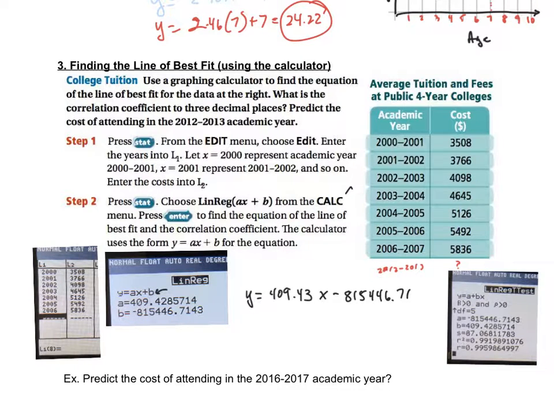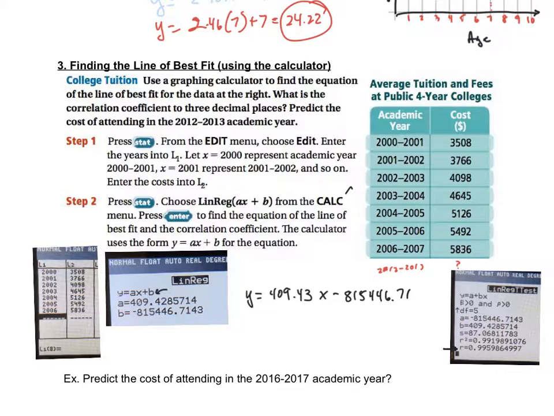And what we see here when we look at our calculator screen is the R value down at the bottom is my correlation coefficient, and that is telling me that my data is 0.9959 or 0.996 accurate.